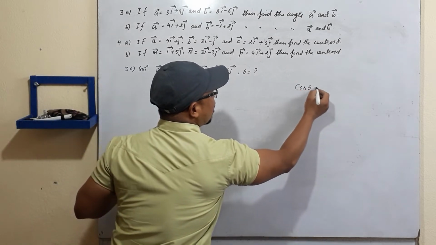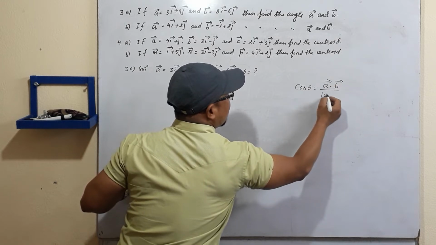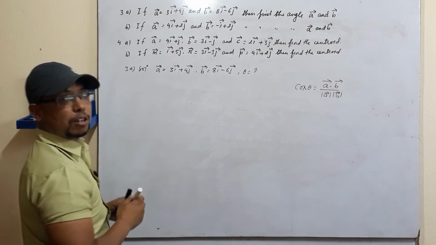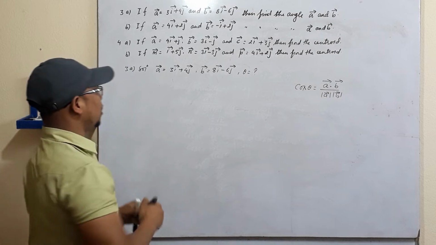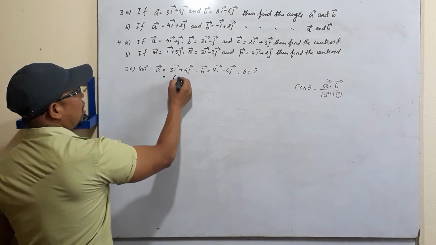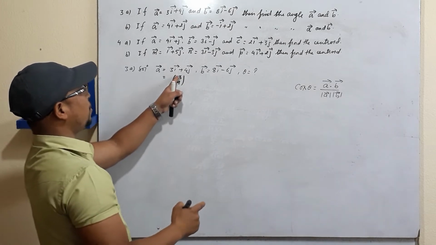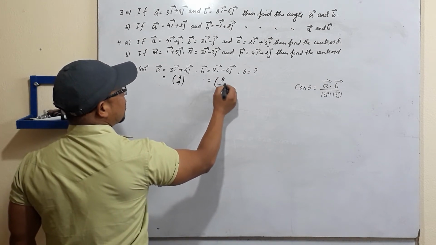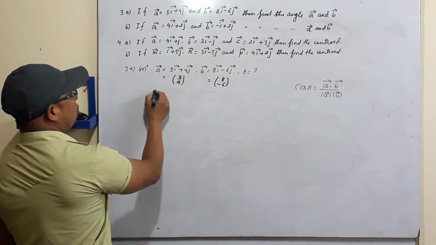The formula we know: cos theta equals A dot B divided by magnitude of A and magnitude of B. Now let's find the magnitude of A, the magnitude of B, and A dot B. First let's change them into component form. 3i plus 4j is (3, 4), and vector B, 8i minus 6j, is (8, -6).